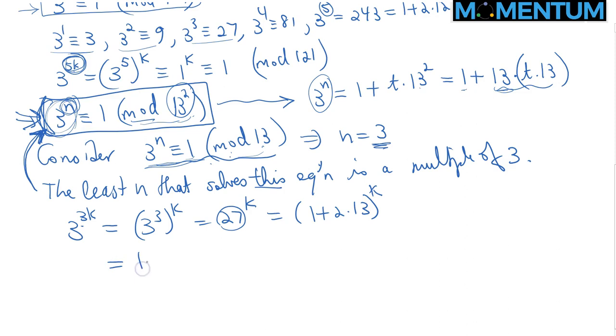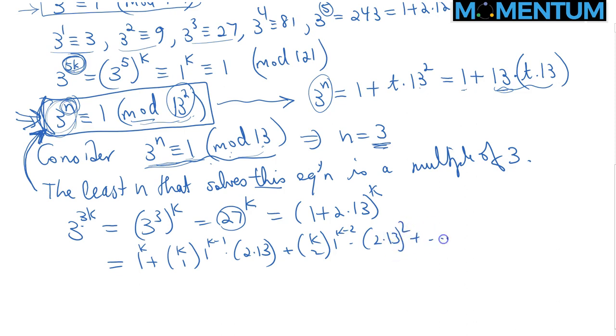So that's just 1 plus, well, this was k choose 0, so k choose 1 times 1, well, okay, let's just do it slowly, times 2 times 13, plus k choose 2, 1 to the k minus 2 times 2 times 13 square, and so on.